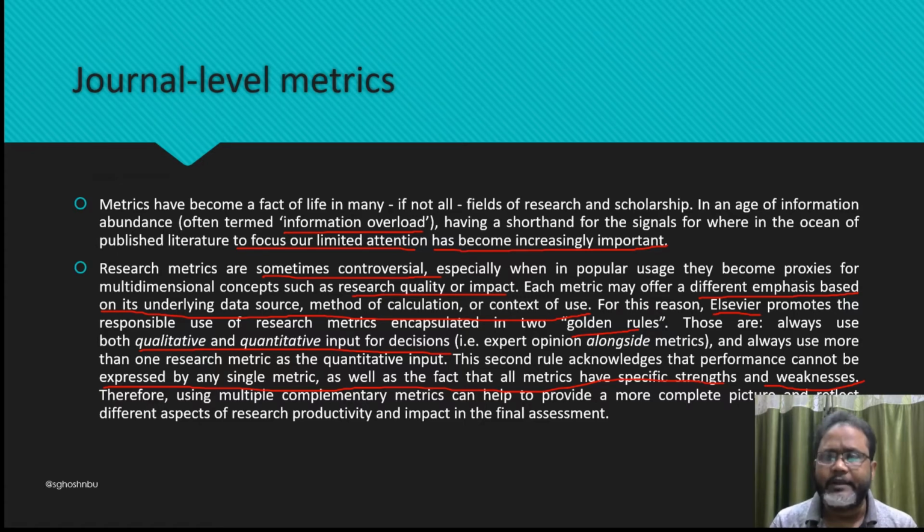But different metrics have different policies and bases, depending on the underlying data source, method of calculation, and context of use. What Elsevier is doing might not be what Web of Science is doing. The original impact factor calculates the impact in different ways. Elsevier has two golden rules. One rule is to always use both qualitative and quantitative input for decisions, that is, expert opinion alongside metrics, and always use more than one research metric to be foolproof for the quantitative input.